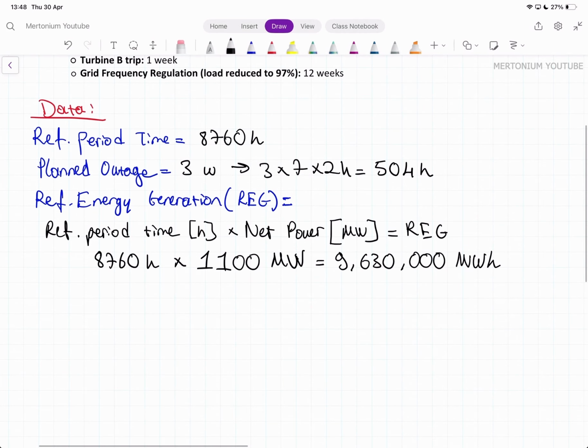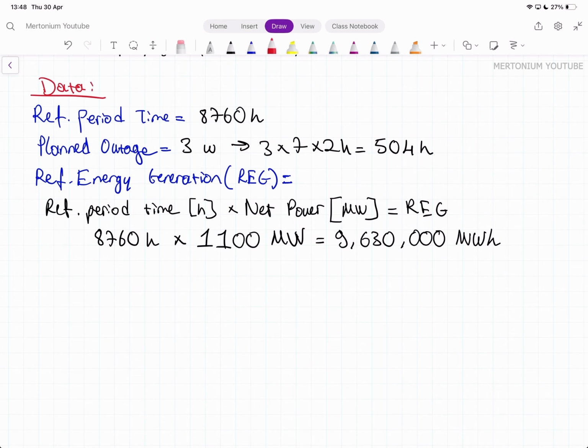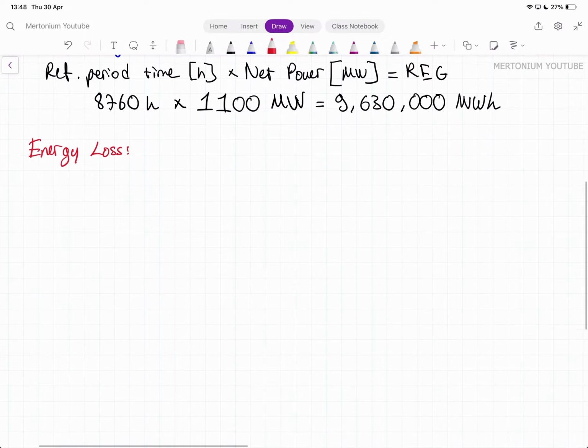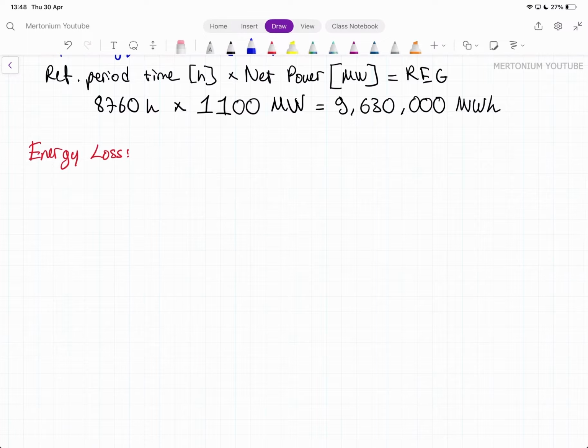All right, so now we can calculate our energy losses. When we calculate the energy losses, we are going to separate them into 3 categories. The first one will be the plant losses, which means our maintenance and refueling time.